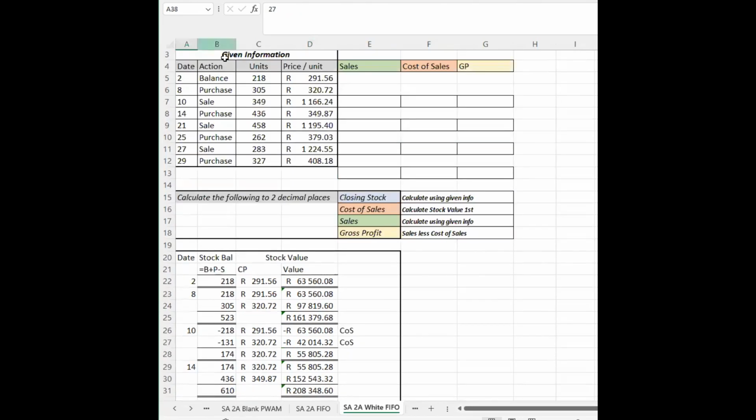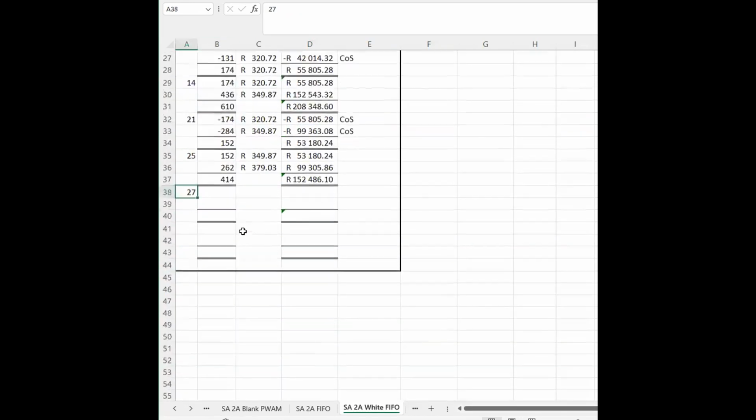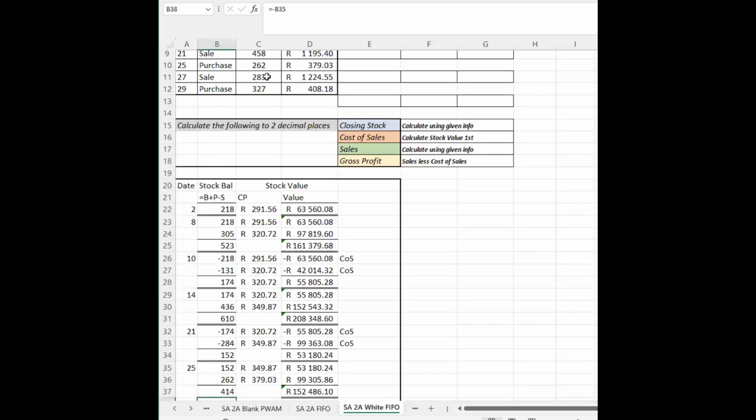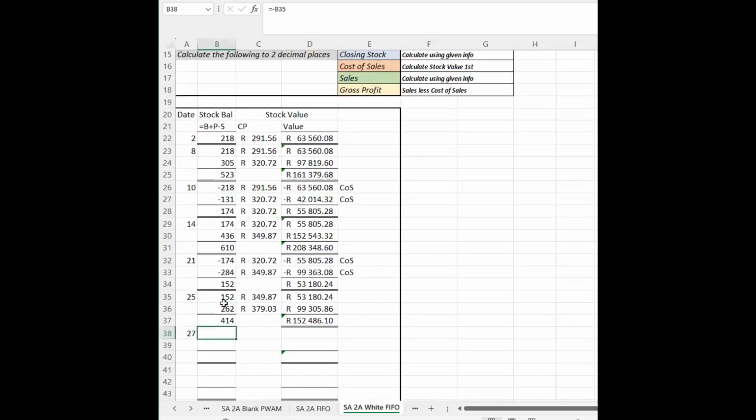Good. Then on the 27th, we have a sale again. We are selling 283 units. Well, once again, 283 is clearly more than 152. So we're going to sell all 152 units that we still are holding at 149.87.